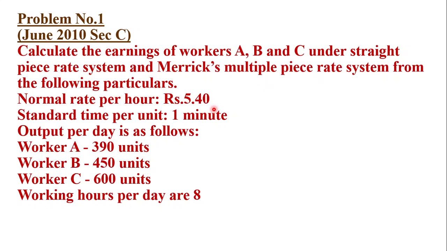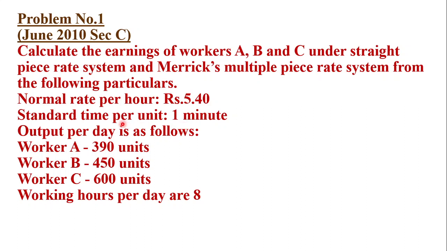What information is given in the problem? Normal rate per hour rupees 5.40. Rate per hour is given for 1 hour. If the employees work for 1 hour, they can get 5.40.